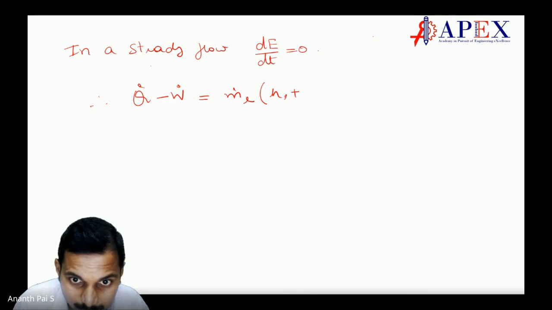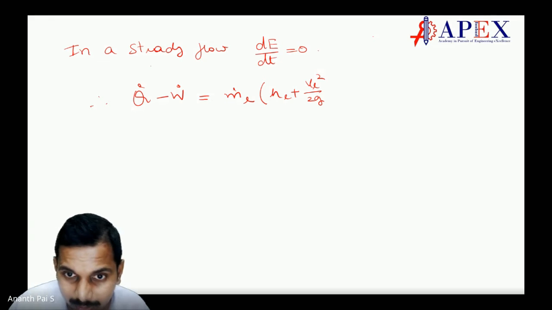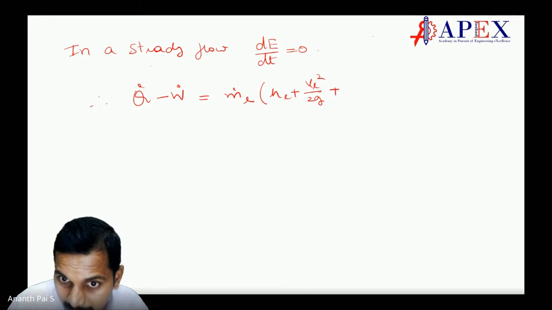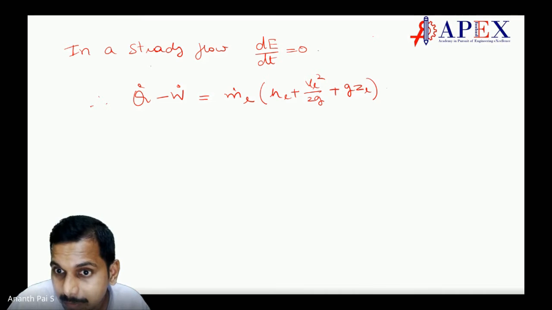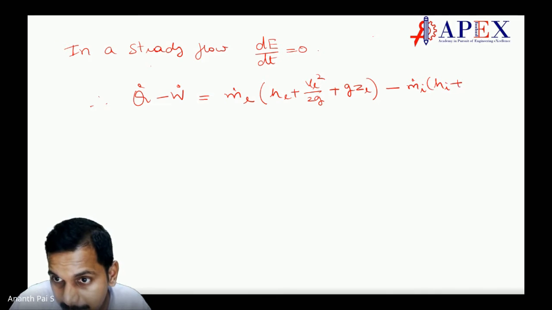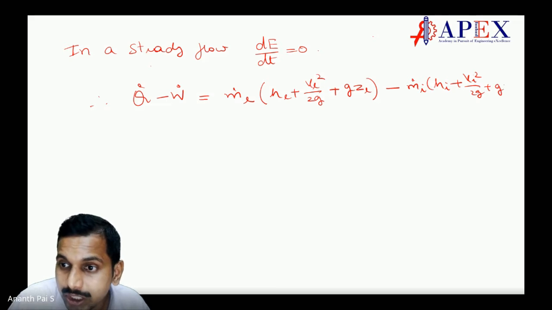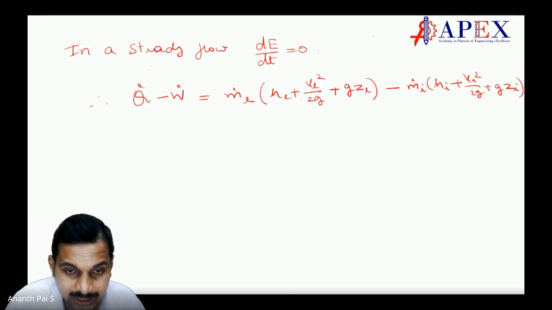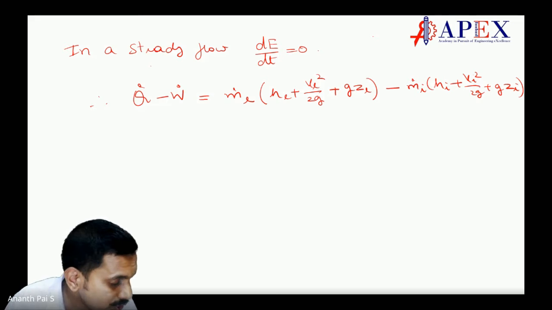Any doubts here, students? Sir, could you explain why in the steady flow dE by dt is 0? I'll explain in a moment. I'll write this equation, then I will explain. So this is the steady flow energy equation.